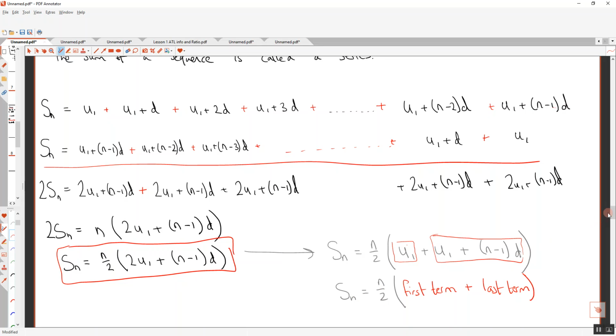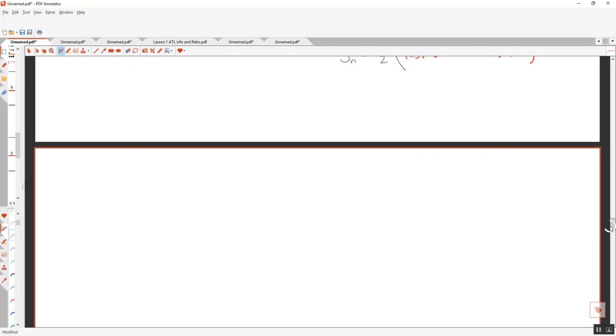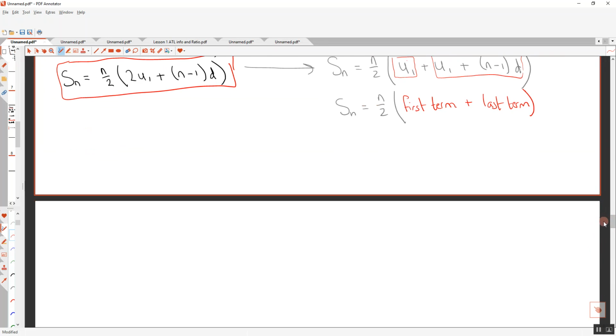Now, it depends on what they give you in the question, whether you actually get the first term or the last term, whether you can use it or not. So if I said, here's a sequence, let's say it goes all the way to 99.